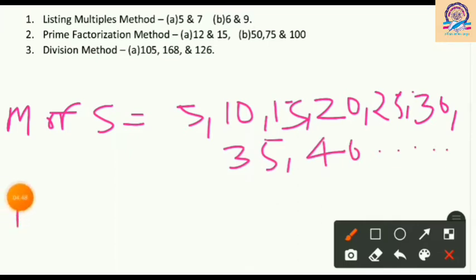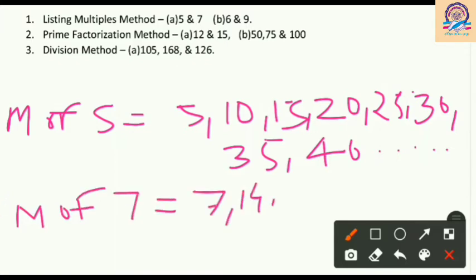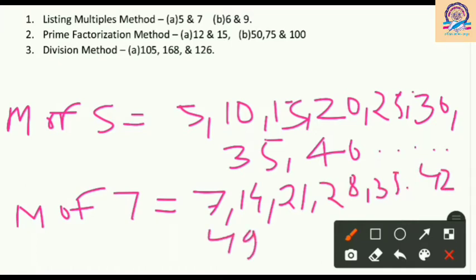Similarly, I will write the multiples of 7: 7, 14, 21, 28, 35, 42, 49 and dot dot dot, many numbers, infinity.